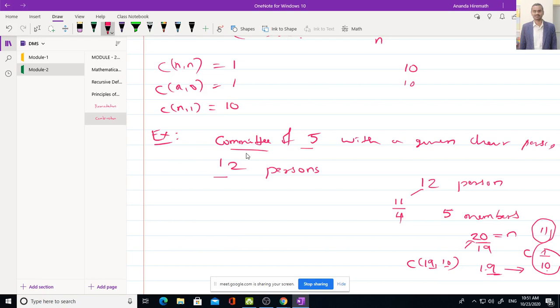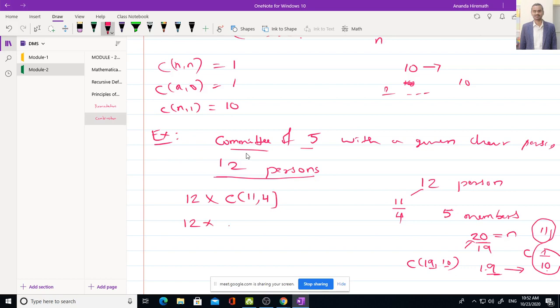Just as with 10 shirts, if I want to choose only one shirt, there will be 10 ways, similarly with 12 persons there will be 12 ways to get the chairperson. 12 ways, into the remaining. How many are remaining now? 11. So C of 11, out of 11 how many do I need to choose? 4. Very nice.